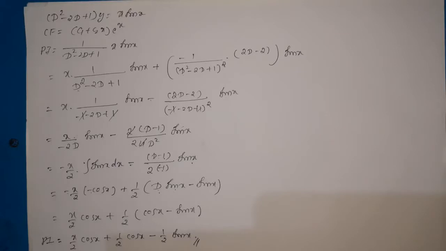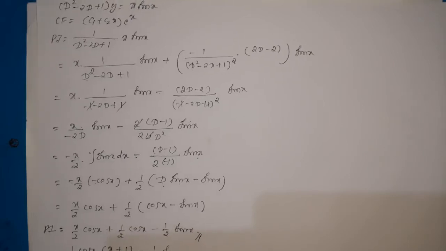So therefore go through each and every particular integral carefully and remember how to find the particular integral depending on the function given on the RHS of the differential equation. So therefore this is a very important unit.